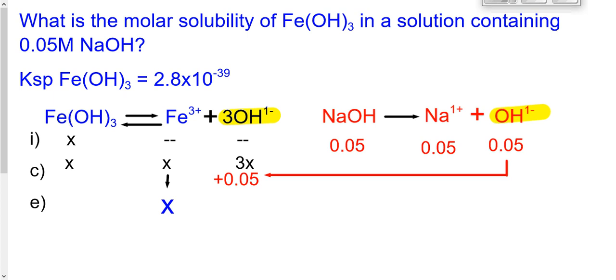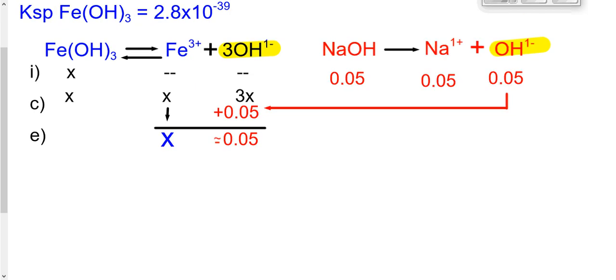Well, the amount of iron is remaining unchanged, so the effect is we're going to leave iron at a value of X. We still don't know exactly how much we're going to get. The amount of hydroxide we're going to have will be 3X from the iron hydroxide plus another 0.05 from the sodium hydroxide. Now this total value is still going to be about 0.05.